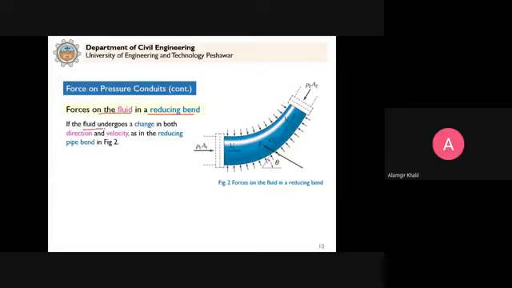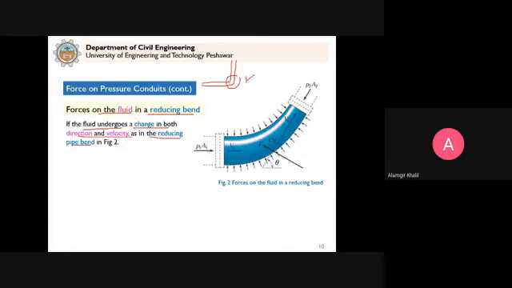Clear? If the fluid undergoes a change in both direction and velocity, as in the reducing pipe bend shown here, again forces will be generated. And it's not only a reducing bend. Even if this bend was not reducing, let's say we have this pipe and then you connect to a vertical pipe with this bend here, you see in this case the velocity is changing in direction.